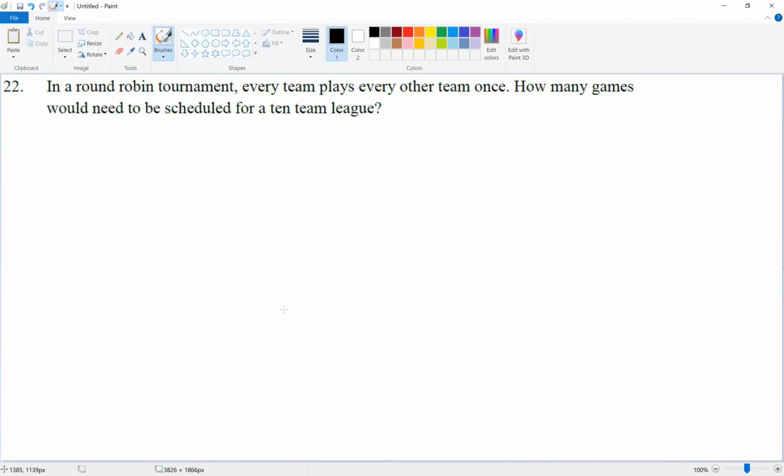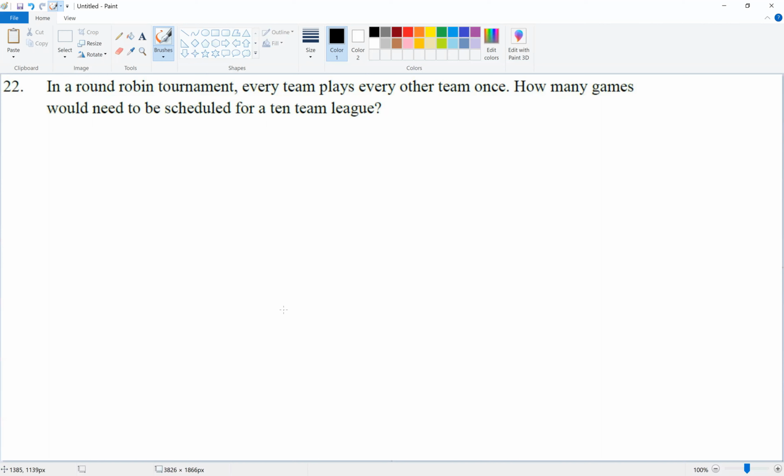So I've made a graph, so I wrote down the table and put 1, 2, 3, 4, 5, 6, 7, 8, 9, and 10 as a graph and as a table. And then I started from 10.